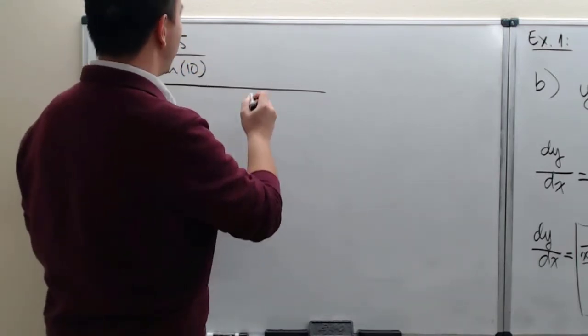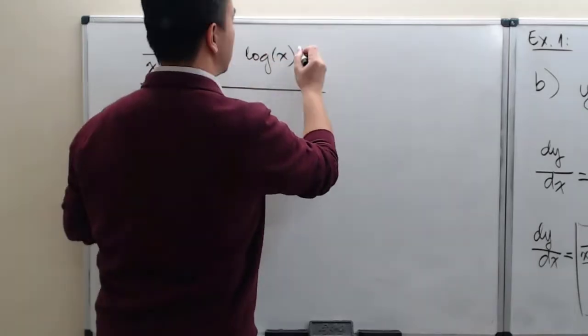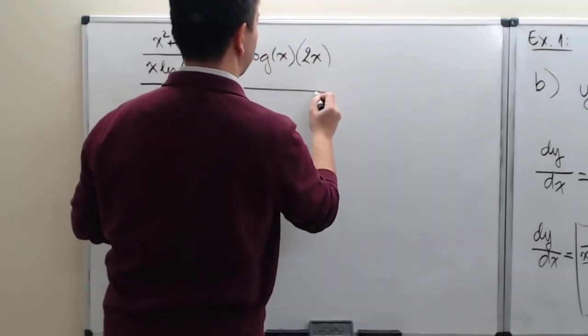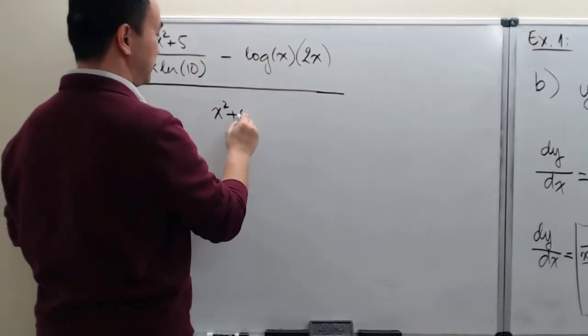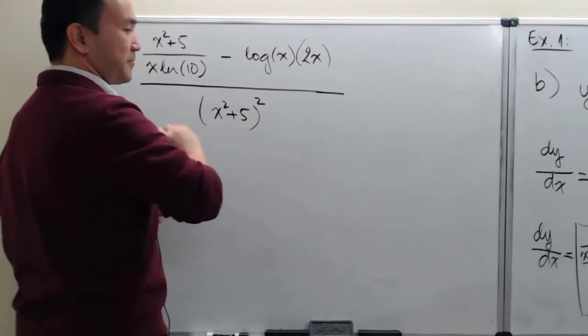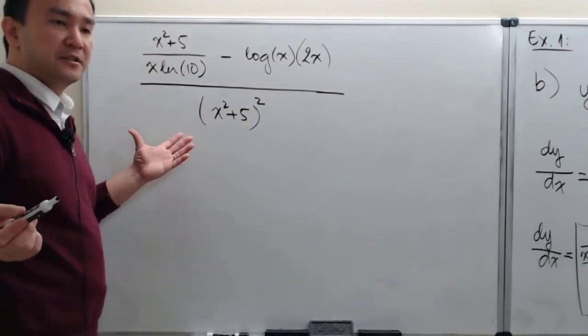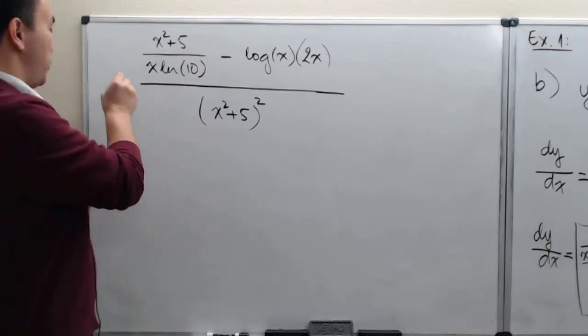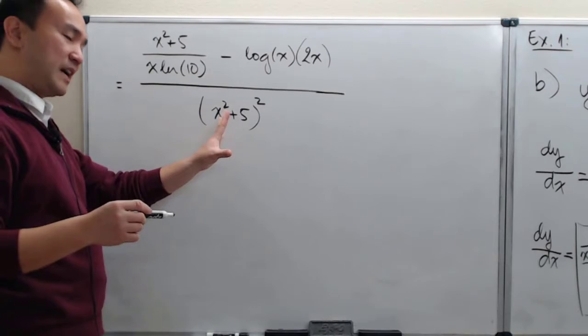And then we're going to subtract the other term being log base 10 of x multiplied with 2x. Okay, and then we have an overall denominator here, x squared plus 5 all squared. Okay, so the expression doesn't look any further simplified. Be patient at this point. So this is not quite simplified yet.